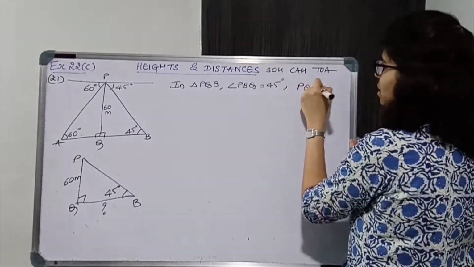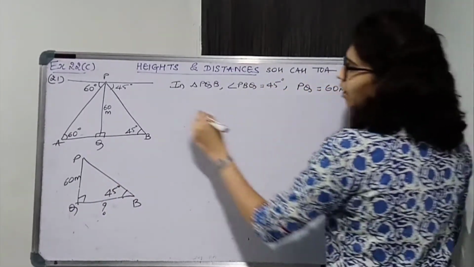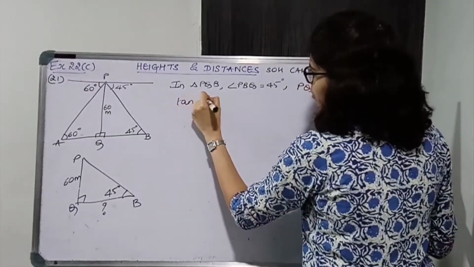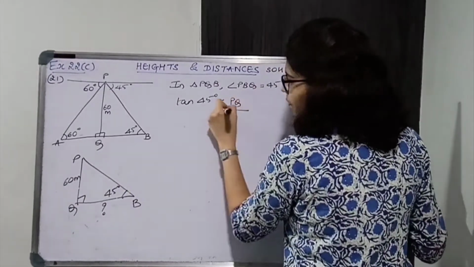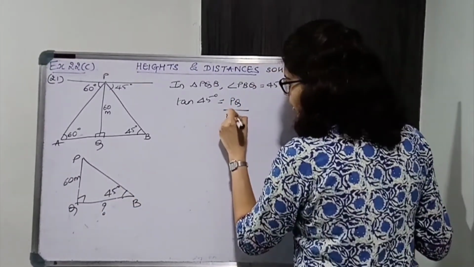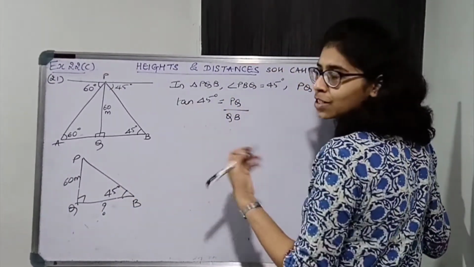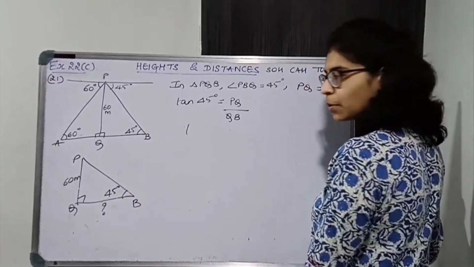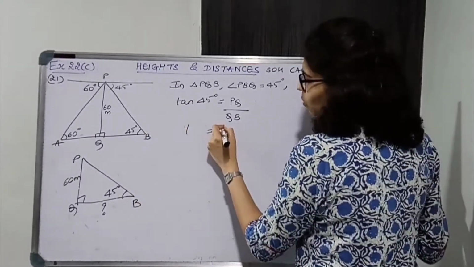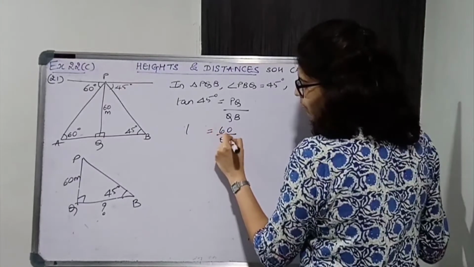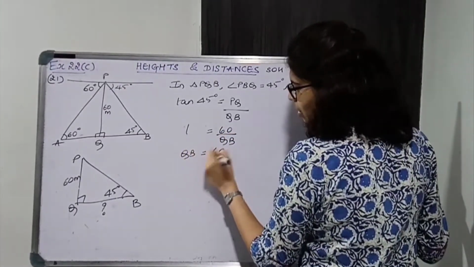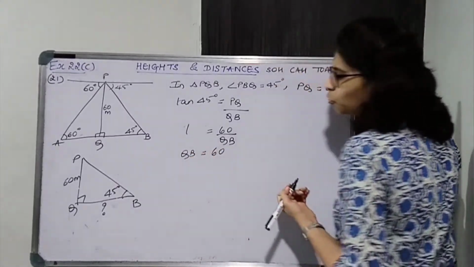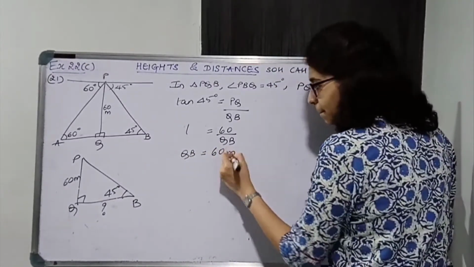Okay, PQ is 60 meters. Now take tan. So tan of the angle is equal to angle का opposite which is PQ upon angle का adjacent which is QB. Tan 45 standard value table से 1 मिलता है. Okay. PQ is 60, QB. Shift QB. So QB into 1 gives QB is equal to 60. So QB is equal to 60 meters.